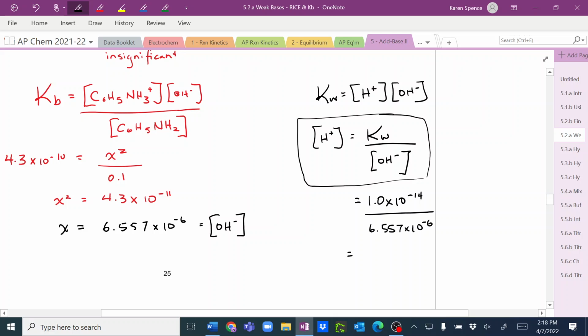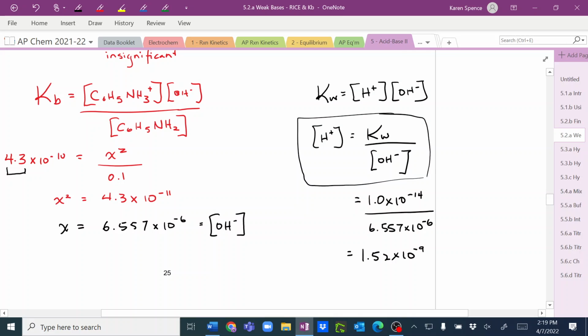Equals 1.52 times 10 to the minus 9. And I think we can only have 2 sig figs, right? Because our KB had only 2 sig figs.